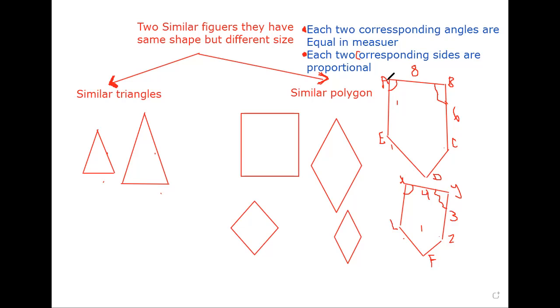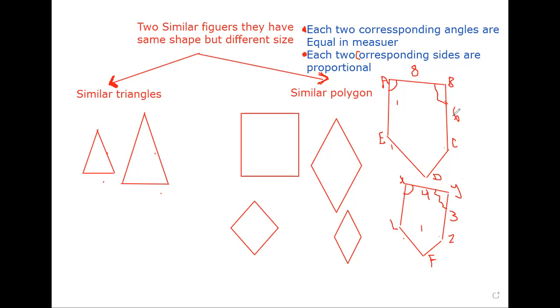So the ratio between AB and XY will be 8 over 4, right? Then I have a ratio in simplest form equal to 2, and then the ratio between BC and YZ, 6 divided by 3.